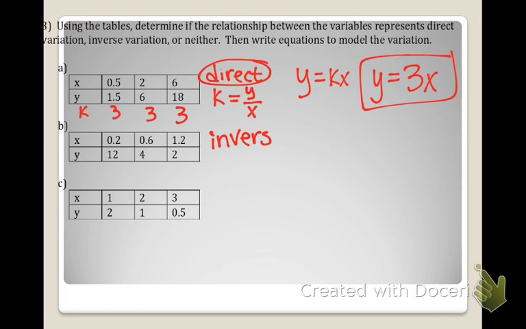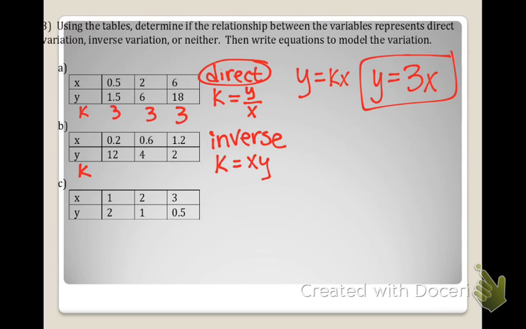When we check inverse, we want to know what k equals. To find our k's, we take x times y. For inverse, we take x times y. Remember, that's the one up at the top some people were liking to use on those first couple examples. That's how we find k. So we need to make a little k row and decide what our k's would be.